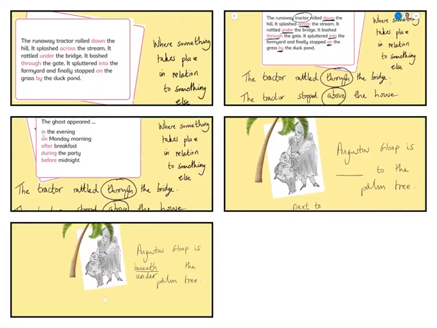What do you reckon? Pause your video, see if you can write that sentence for me. Okay, well done. Hopefully you paused your video. I reckon he is beneath the palm tree. Or you might have said he is under the palm tree.